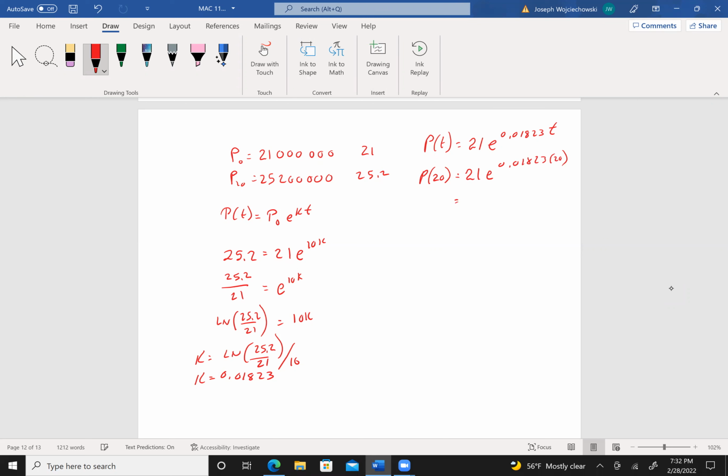This gives me 21 times e to the 0.3646. So 21 times e to the 0.3646 equals, and to 1 decimal place, we get 30.2 million.